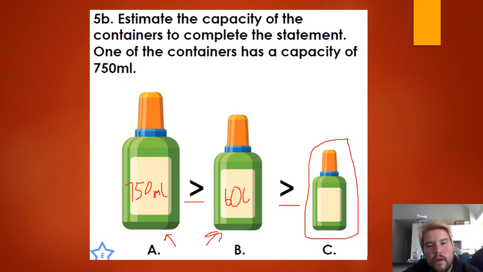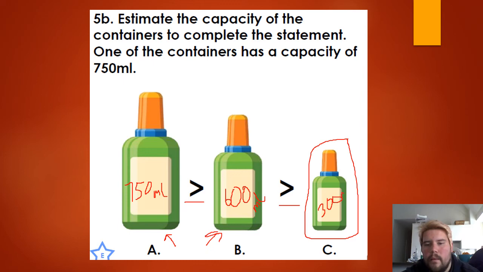Not too worried here about your answers, it's all about whether you can create this statement. 600 milliliters is greater than C. Now C looked quite a bit smaller than B, so I'm just going to half it and say around about 300 milliliters.